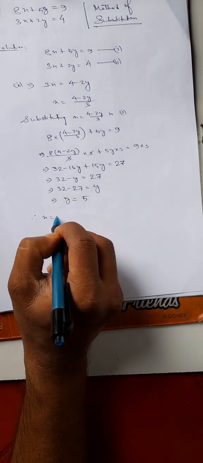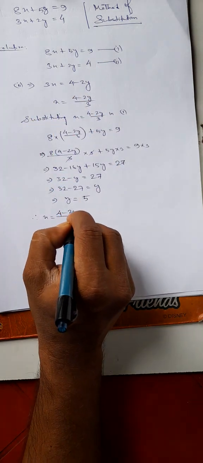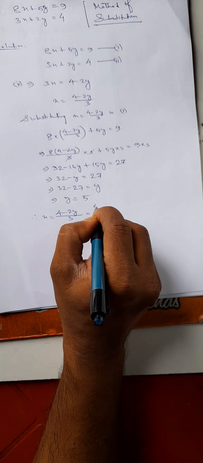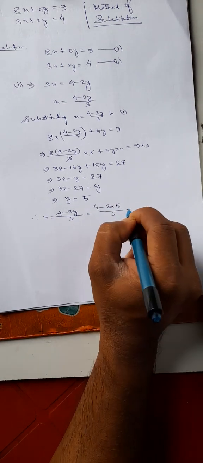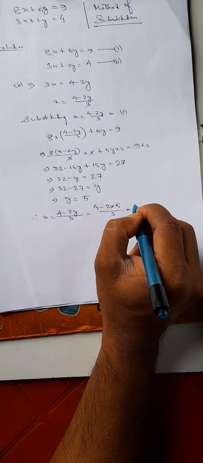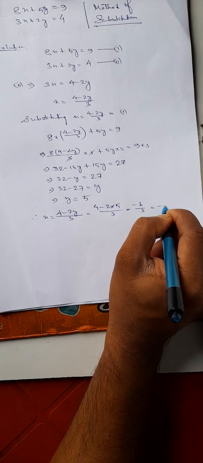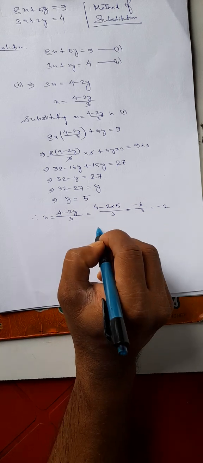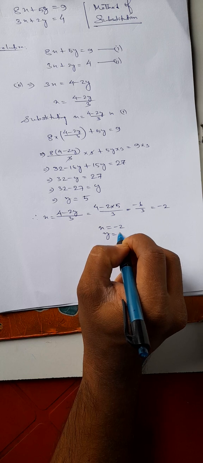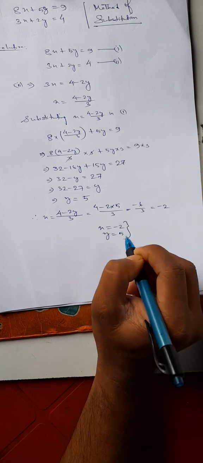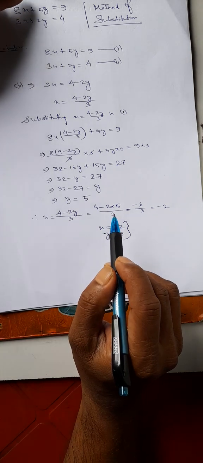Therefore x equal to (4 minus 2y) by 3, which is (4 minus 2 into 5) divided by 3, equal to minus 6 by 3, equal to minus 2. Therefore x equal to minus 2, y equal to 5. These are the solutions of the pair of linear equations in two variables.